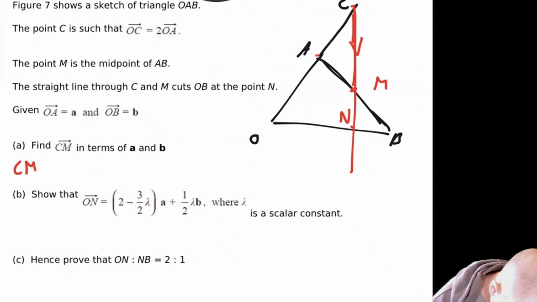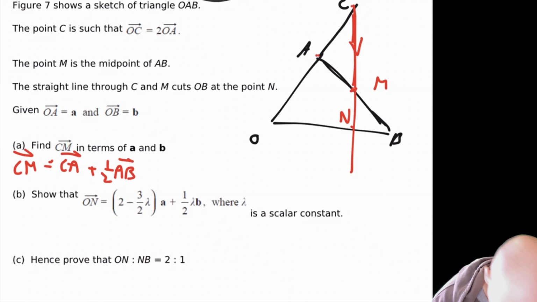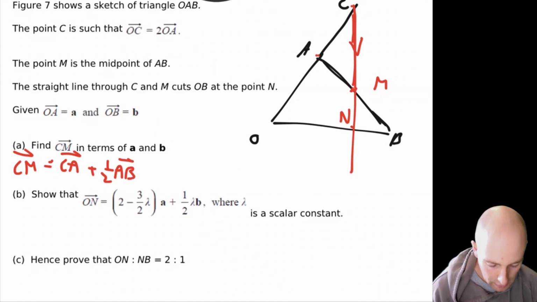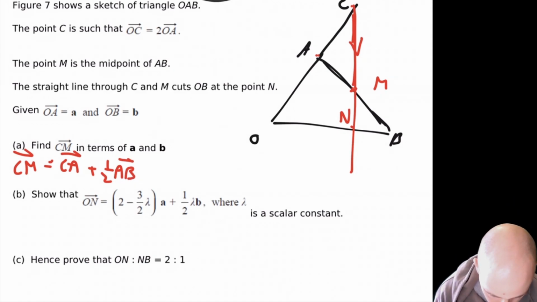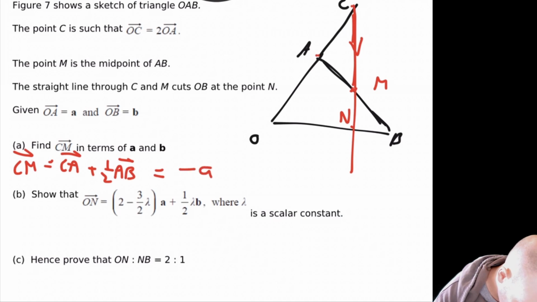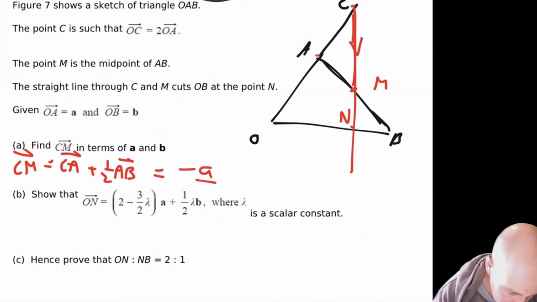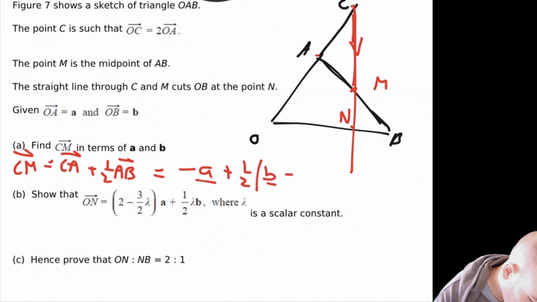CM equals CA plus half AB. C to A, well, if OC is 2 lots of OA, then CA is going to be minus A. So we get minus A. And half AB, AB is going to be B minus A, so plus half B take A.